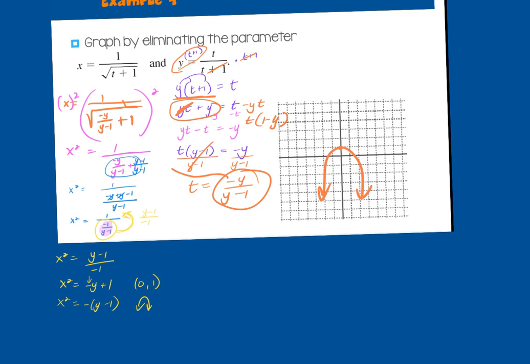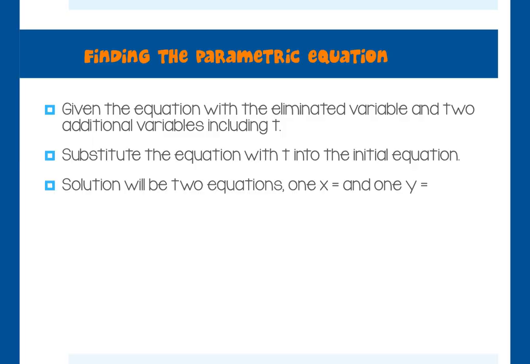Questions? Okay. The last thing we're going to do in this section is the reverse. In this kind of question, you get given one rectangular equation, which means one without a t, one that's got an x and a y, and then one parametric where you have the t, and your goal is to come up with two that both have a t in them. You're going to get given two equations, one with the eliminated variable, meaning no t, and the other one with it.